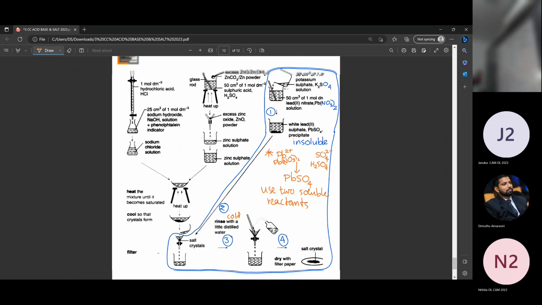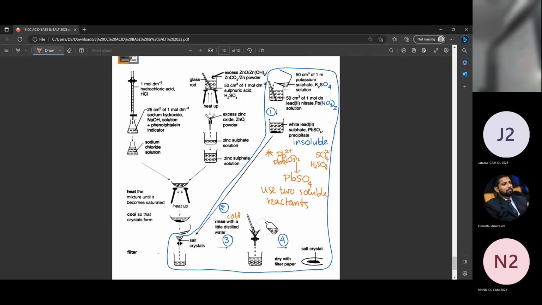Write the experiment steps, right? You can get help from the previous page. The steps are there. Just write down the 4 steps and label these things and enrich your notes with all the information I gave.